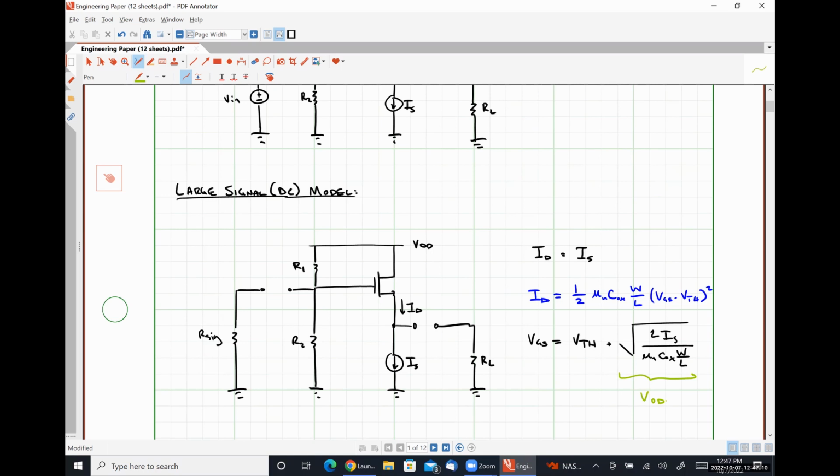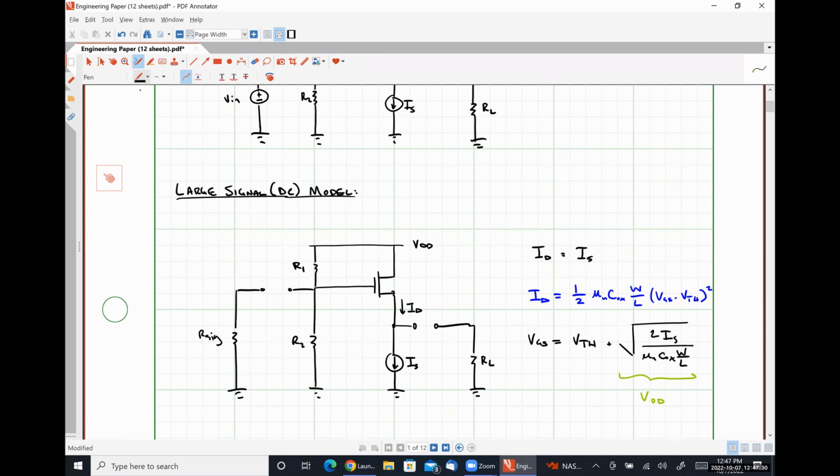So effectively, this is the voltage that's keeping us in the saturation region, because it's the part that's in excess of VGS minus VTH just equaling 0 and turning the device on.